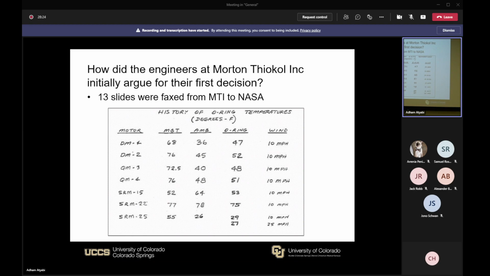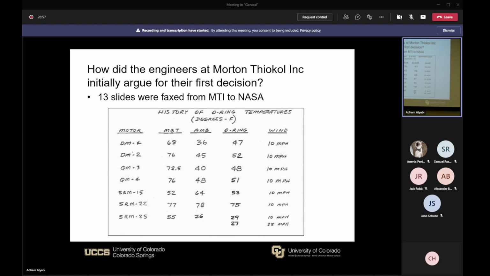So with its focus on blow-by rather than the more common erosion, the chart of blow-by history invited a rhetorically devastating comparison for those opposed to the launch, in terms of SRM-15 and SRM-22. So in fact, as the blow-by chart suggests, the two flights profoundly differ from each other.